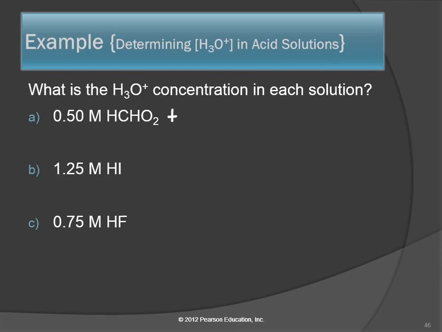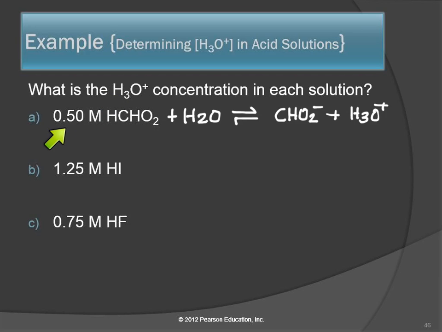So when we put this into water, we have an equilibrium here. And we're going to have CHO2 minus plus H3O plus. But not all of this is going to react with the water, only some of it. Now, with the amount of information given here, we can't say exactly what the concentration of the hydronium ion is.